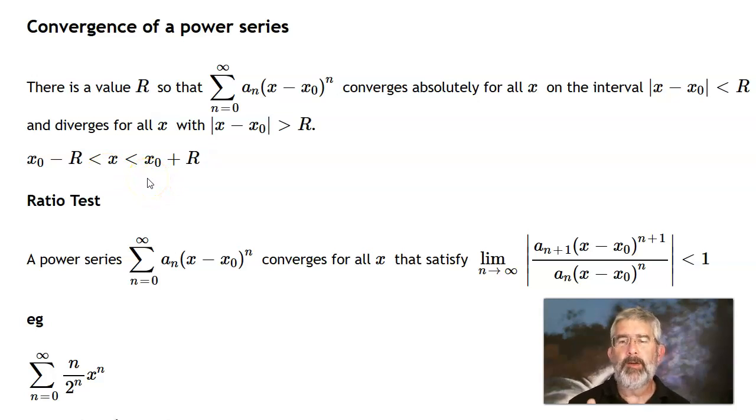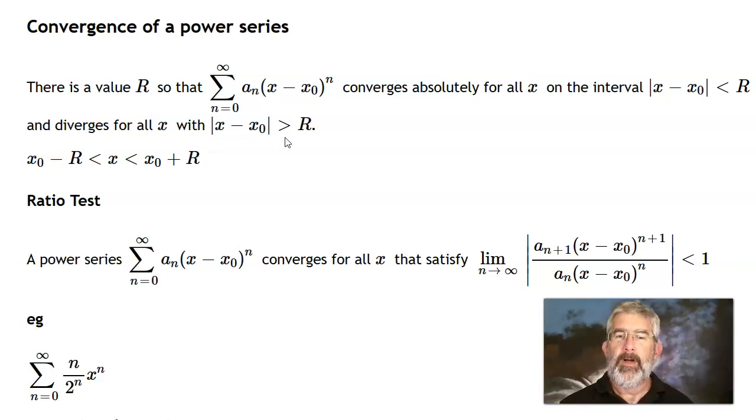Inside that open interval, every single value of x would produce a series which converges, right? Outside of that, where the absolute value is bigger than r, you will definitely get divergence. The equal to r part depends on the situation. Sometimes you get convergence, sometimes you don't, and you just have to check the endpoints.